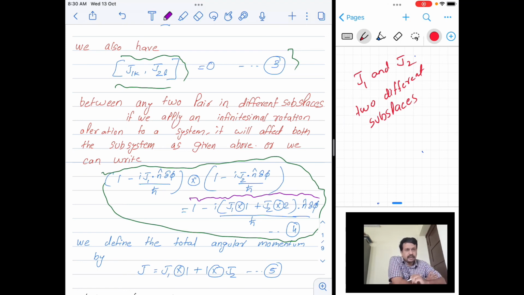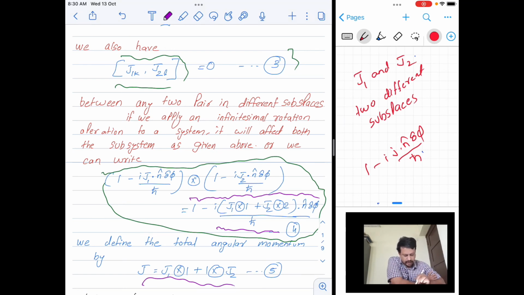From this equation I can simply define the total angular momentum. We already obtained 1 minus i J·n delta phi by h bar, so I can write J equal to J1 times 1 plus J2 times 1.